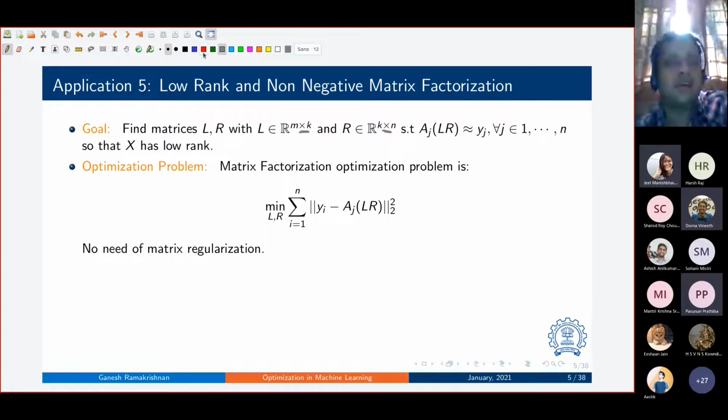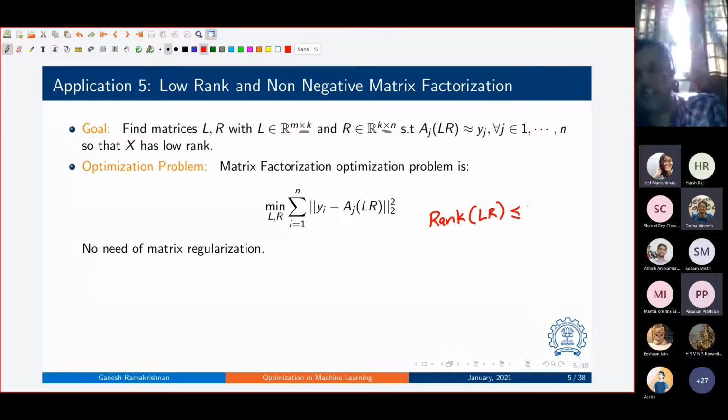So let me again highlight how low rank is there. So rank of the matrix LR, what will that be? It will be less than or equal to K. It cannot exceed K. So that low rank is already by design.